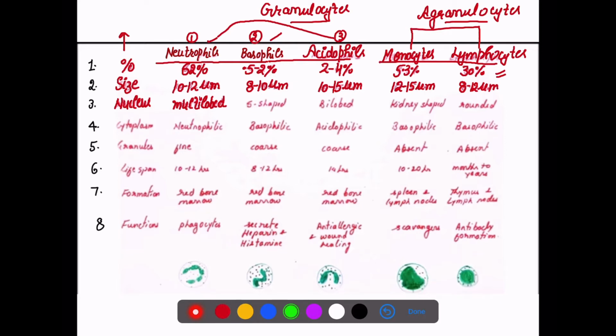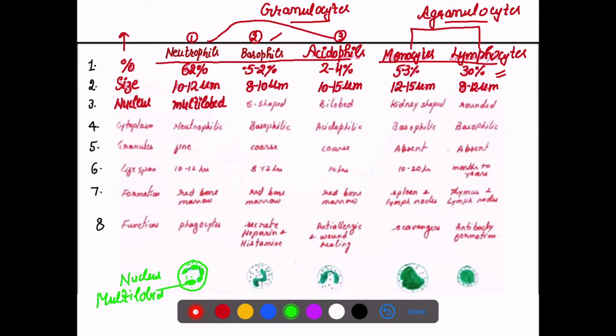Now let's look at the structure. As you can see, these are the multiple lobes. I have not made one lobe here, I have made many lobes. They are a multi-lobed structure. So this nucleus is multi-lobed in your neutrophils.